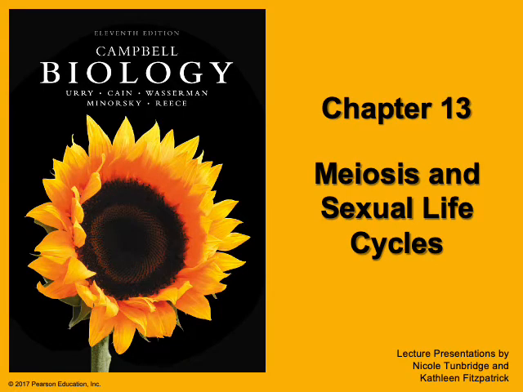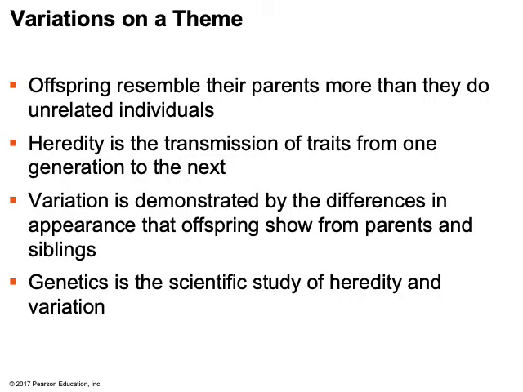Okay, hello. We're going to start talking about meiosis and how it's different from mitosis. Now, meiosis is ultimately a very different kind of cell division, and it occurs because sexual reproduction is going to be the combination of characteristics.